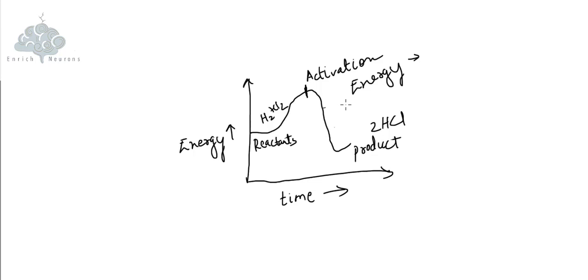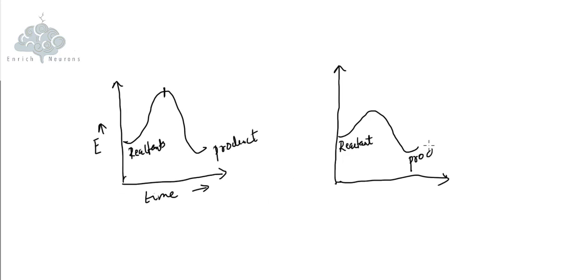So now what does a catalyst do? These are two graphs which I have drawn here. I would just mention which is the graph with the catalyst.